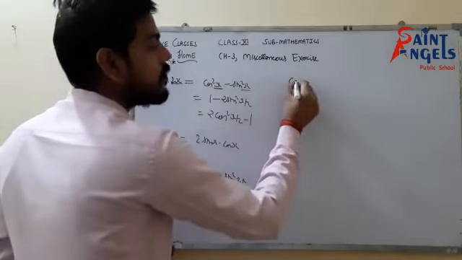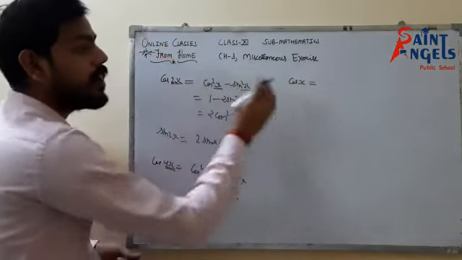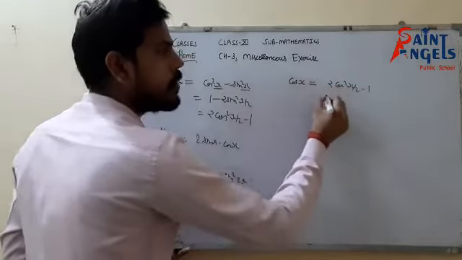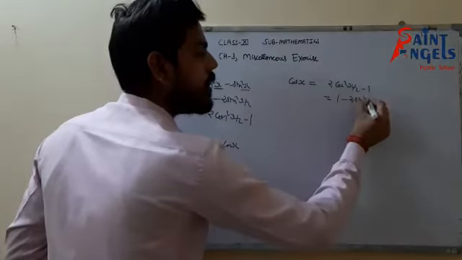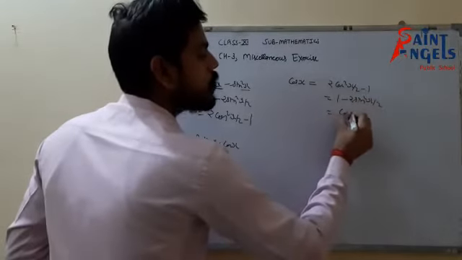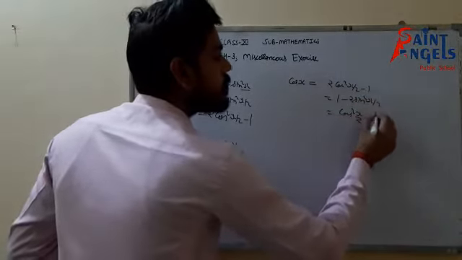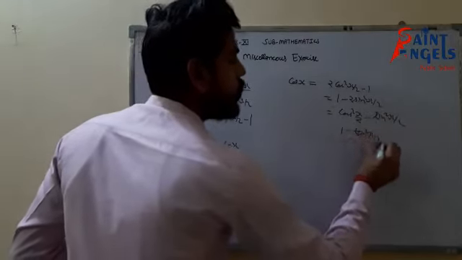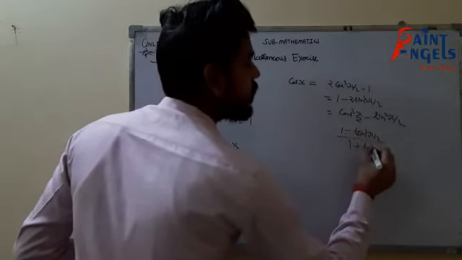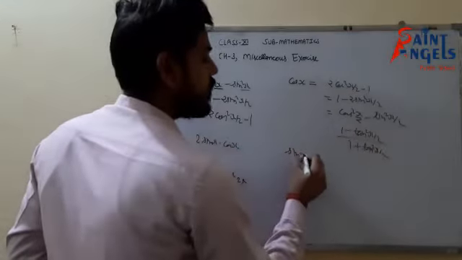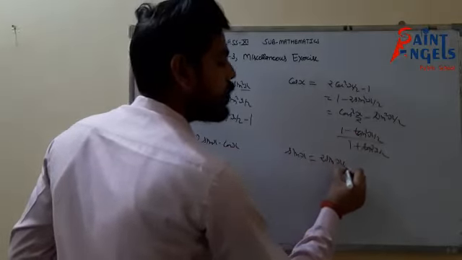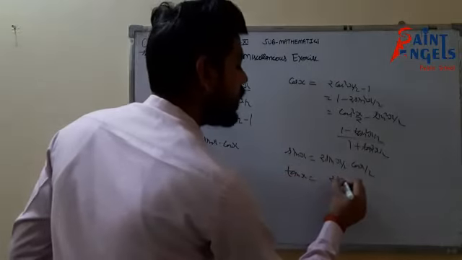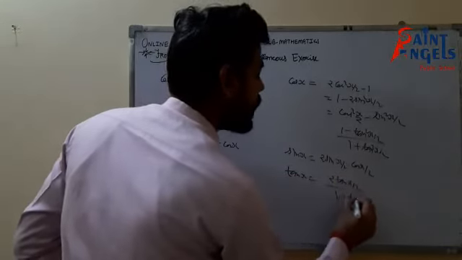So if I ask for the formula of cos x, that would be half of that: 2 cos square x/2 minus 1, 1 minus 2 sin square x/2, cos square x/2 minus sin square x/2, (1 minus tan square x/2) upon (1 plus tan square x/2). Sin x would be 2 sin x/2 cos x/2. Tan x equals 2 tan x/2 upon 1 minus tan square x/2.